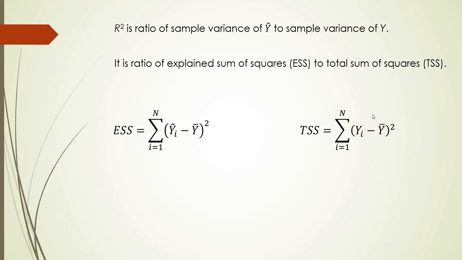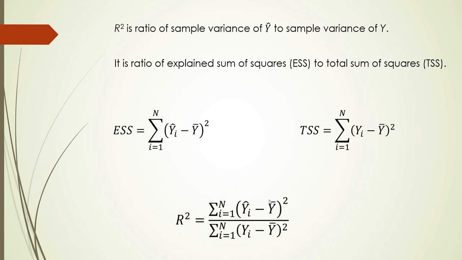On the other side, the explained sum of squares is the difference of theoretical data from the average. If we compare these two values, we can get R squared. So we are comparing what is explained with the total variation of our data.